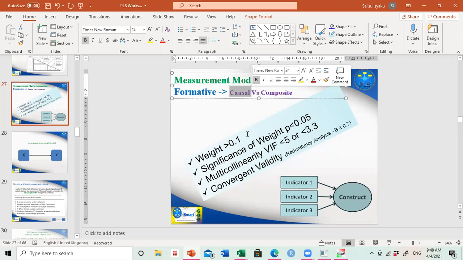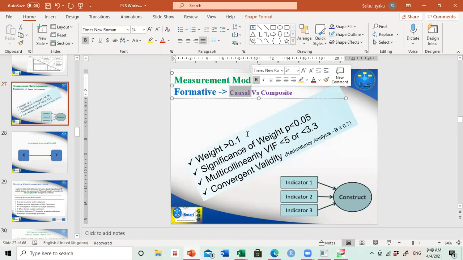We need to know whether there is correlation. If you remember, like yesterday, we talked about correlation: a formative construct should not be correlated in any way. It should have low correlation. But if it is for reflective items, we need to see high correlation between items. But for a formative construct, very low correlation.